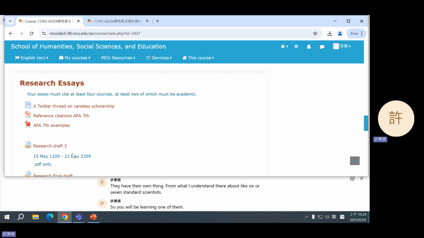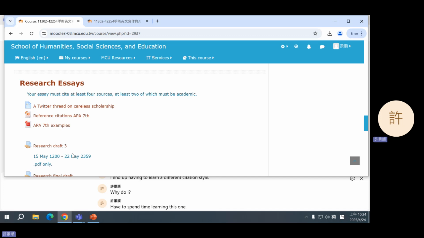If you are interested in going on to graduate school, you may have to learn a different citation style based on what you want to study. So one question you might have is, if I end up having to learn a different citation style, why do I have to spend time learning this one?